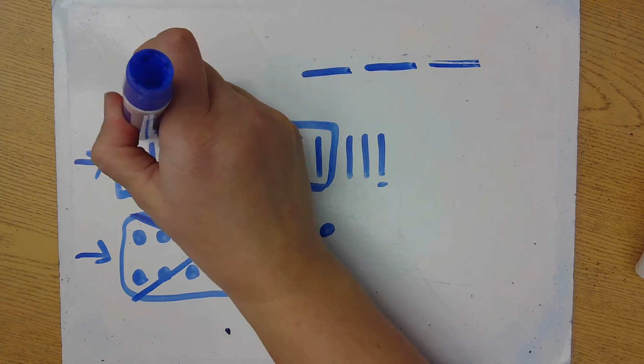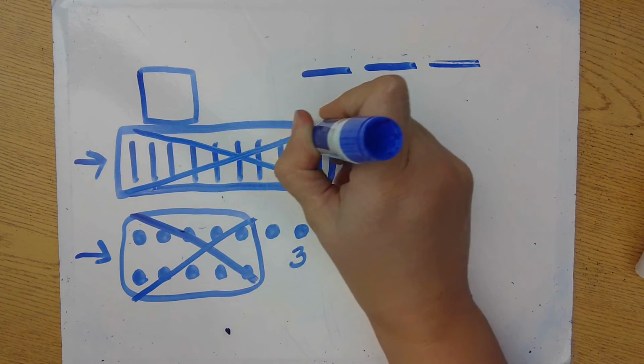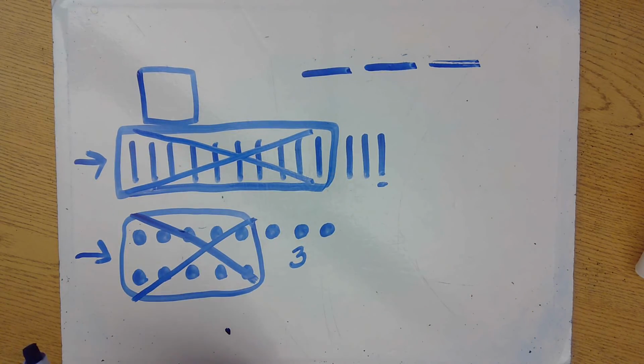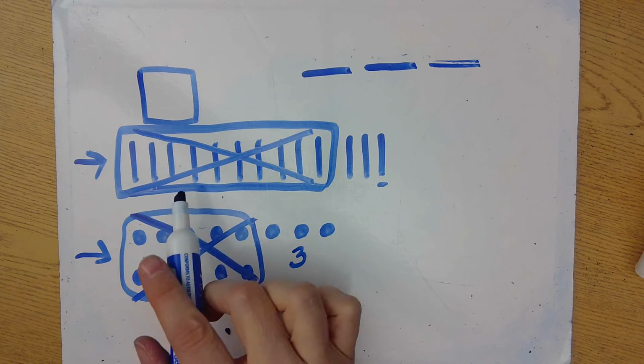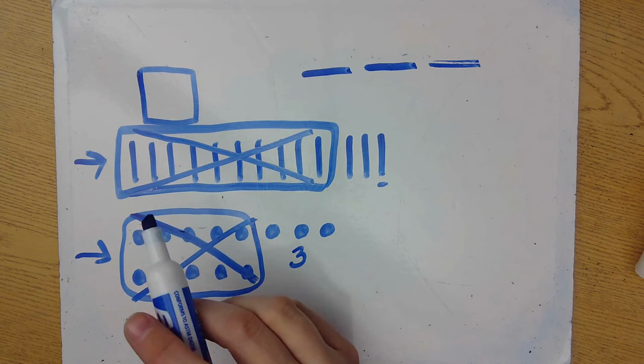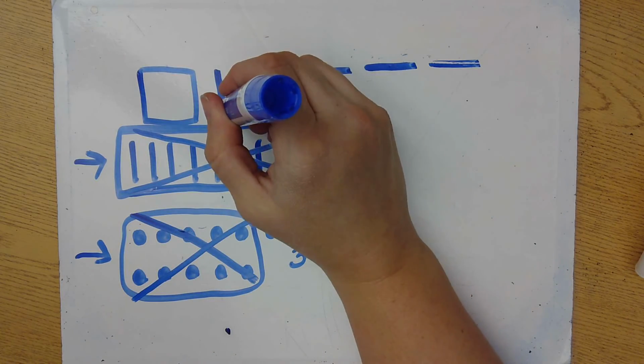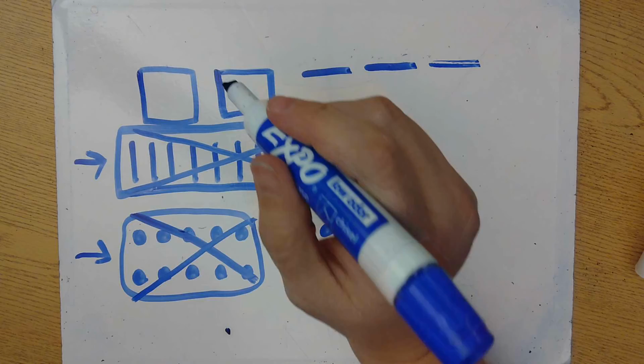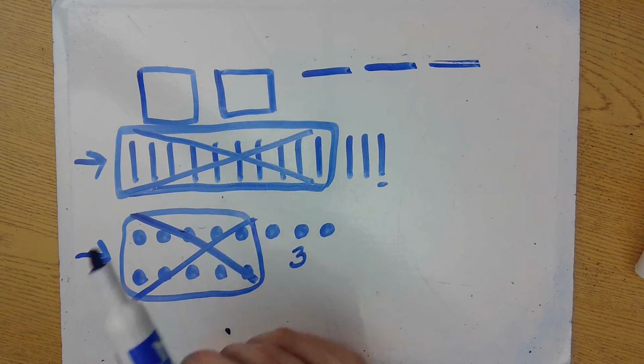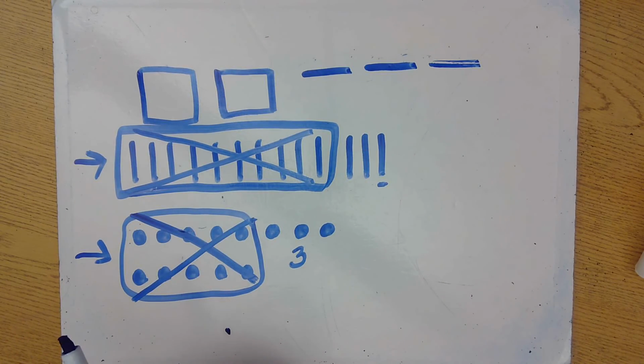And I am going to trade these in for what? What am I trading these in for? 10 longs make how many flats? If you said 1, you are correct. 10 times 10 is 100, and a flat is 100 cubes. So now that I have rearranged my base 10 blocks, now I can write the correct number.